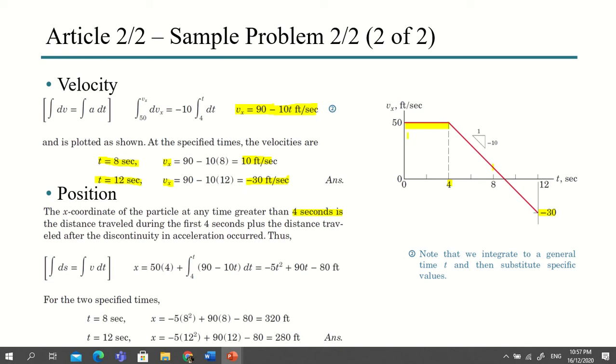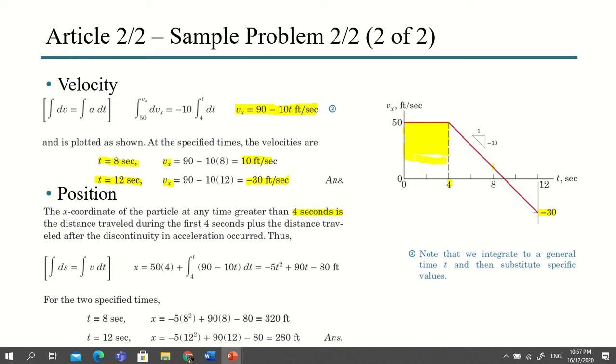If you look at this illustration here, we have a rectangular area, and we know that the displacement is the area under the vt curve. So in this case we have the v sub x versus t curve.